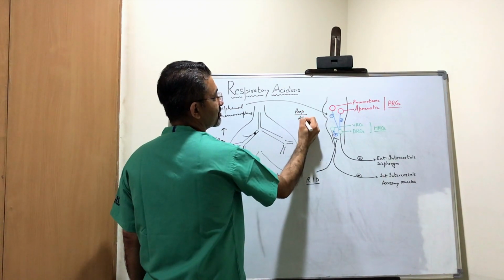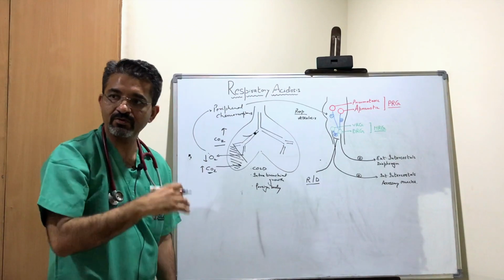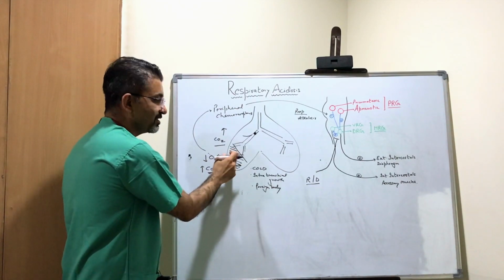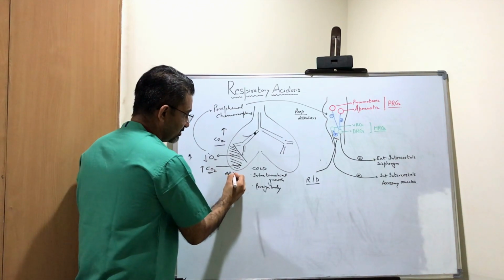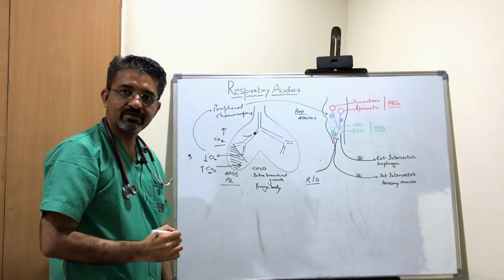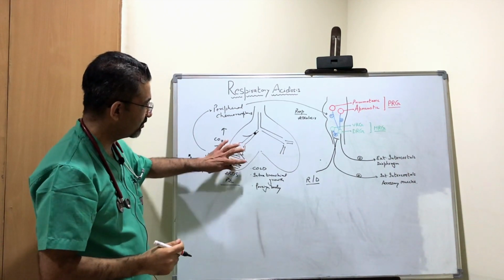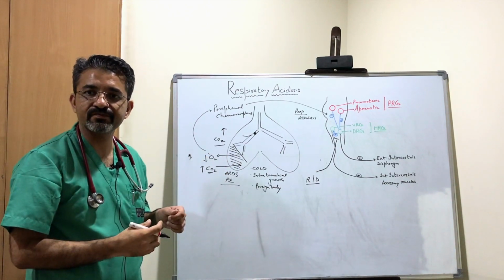Initially you will wash out, right? But the pathology is still there. It can be a consolidation, it can be ARDS, it can be pulmonary embolism, right? So there is some major problem where the gas exchange is hampered.